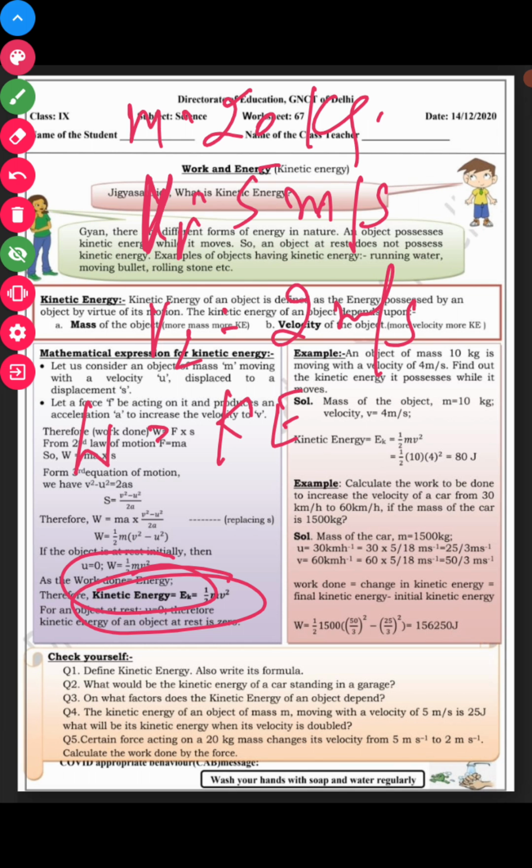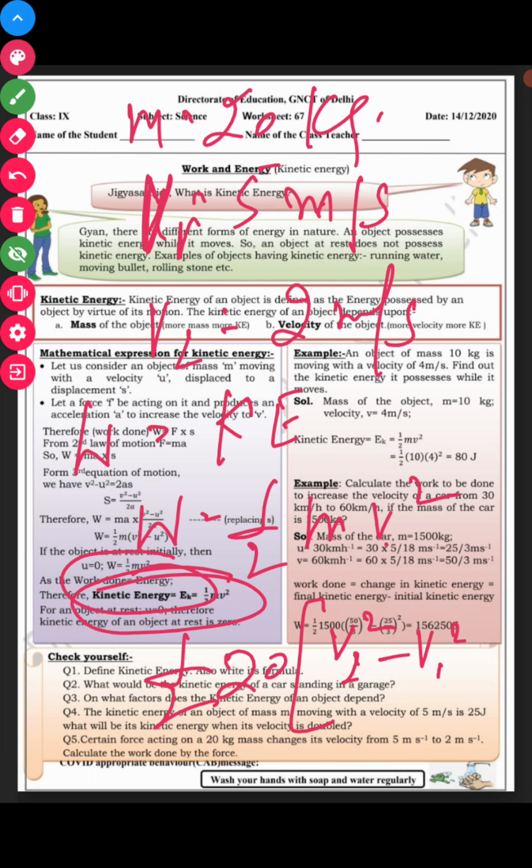So work done is equal to half m, v square: half m we have 20, v square is final minus initial, v2 square minus v1 square. Let's put all the values in this formula.